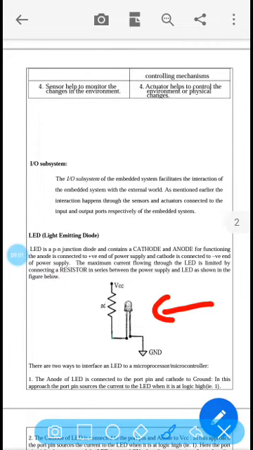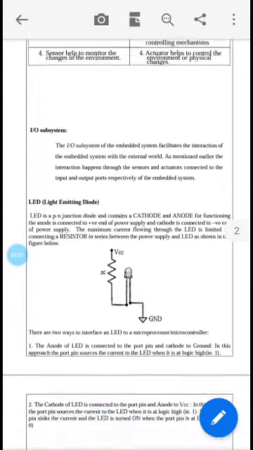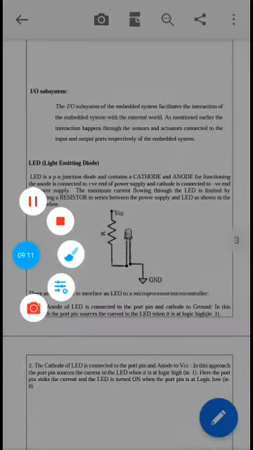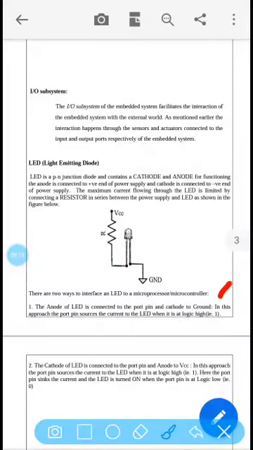So next we will be seeing the two ways in which you can interface or connect this LED to a microcontroller or microprocessor system, right? One way is, the anode of the LED should be connected to the port pin and the cathode should be grounded. In this approach, the port pin sources the current to the LED when it is at logic high.